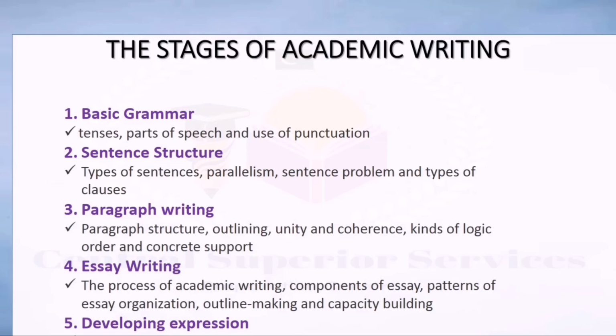You also need to be well familiar with paragraph writing, like paragraph structure, outlining, unity and coherence, kinds of logical order, and concrete support. And then after crossing these three steps, you will be able to write an essay.